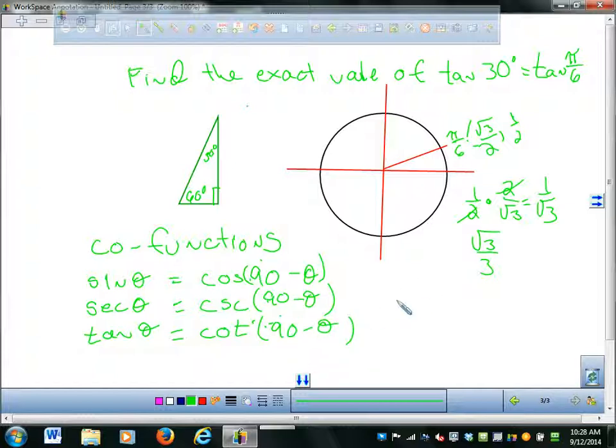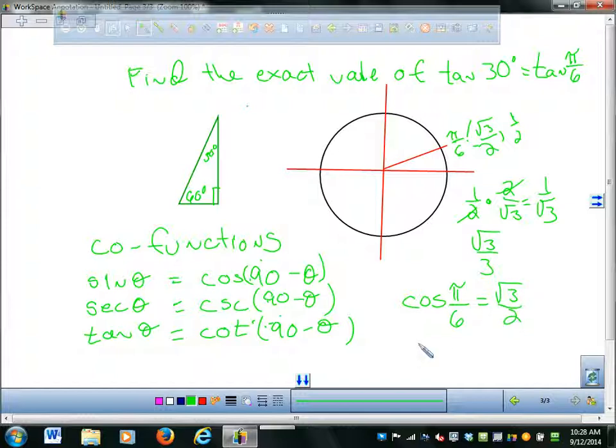So if I know, for instance, that the cosine of pi over 6 is equal to, who knows what the cosine of pi over 6 is? Look at your unit circle. Where's your radian man? Root of 3 over 2, okay?